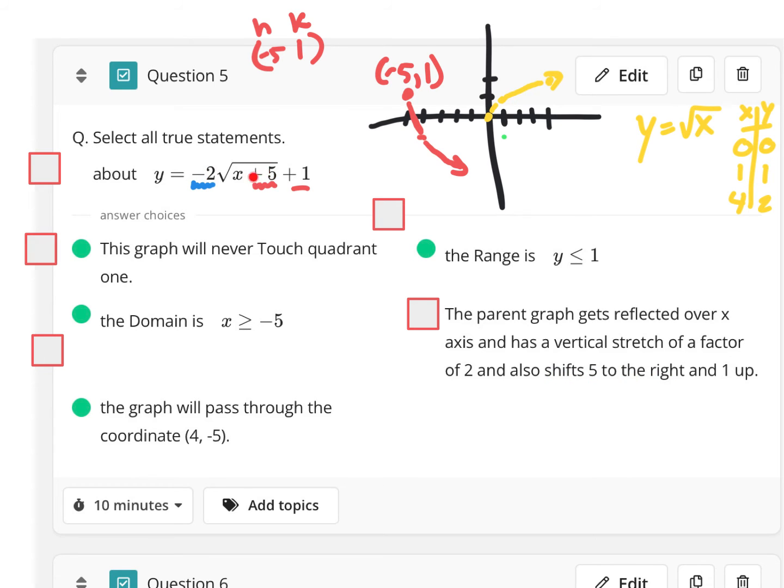You might make the mistake of thinking that because you see a +5, but remember, think opposite on h. So that's really a -5, right? That's where it shifts to. It shifts -5, or 5 to the left and 1 up. So this word right here, 5 to the right, that makes it false. And that is why we have a red check right there. Let's move on.